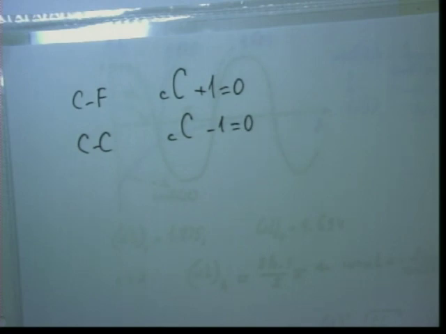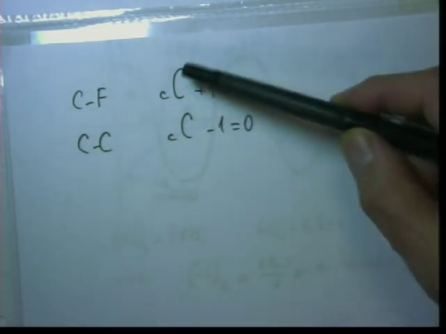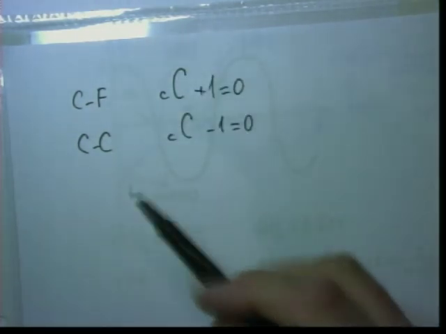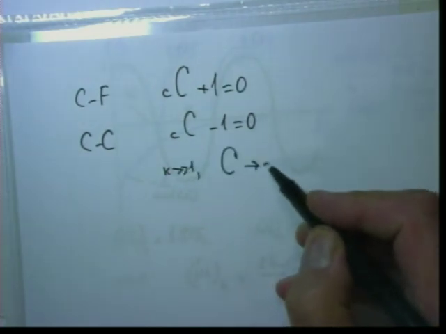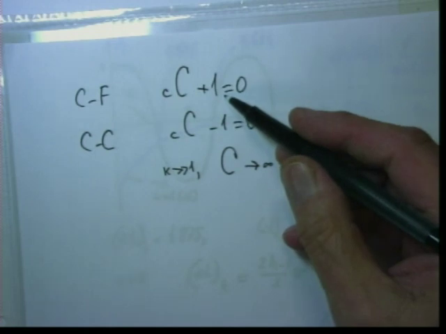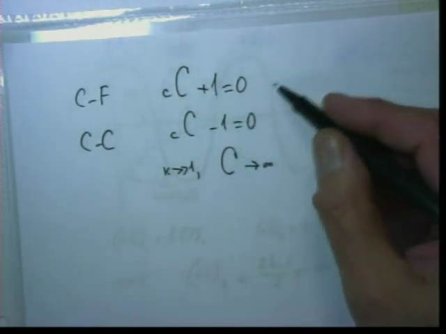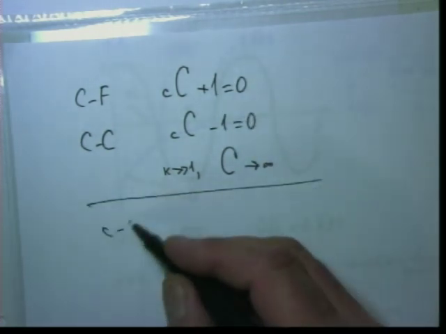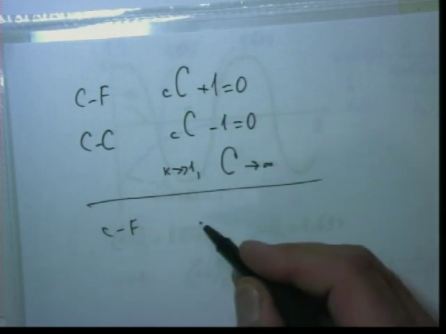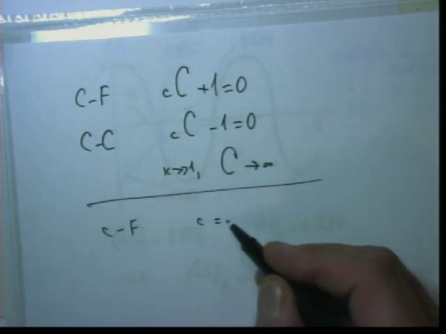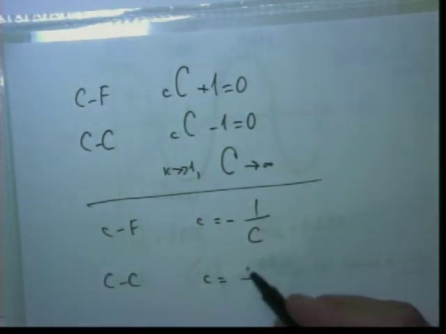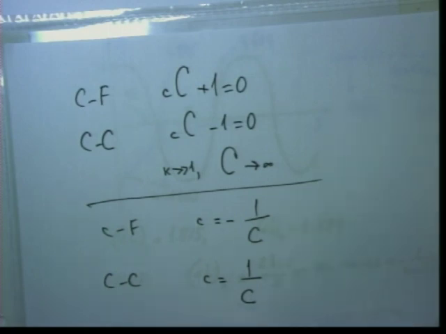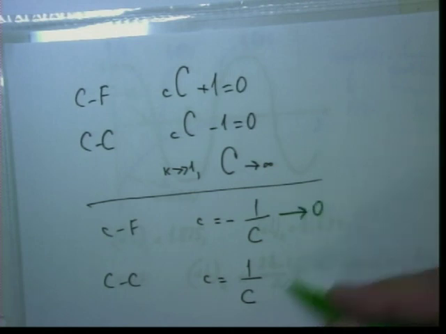Now, because for high frequencies K is big, capital C goes to infinity, it is not important whether here is plus 1 or minus 1. Because for clamped free this equation goes to C equals minus 1 over C, and clamped C equals 1 over C. But this goes to 0 and this goes to 0.